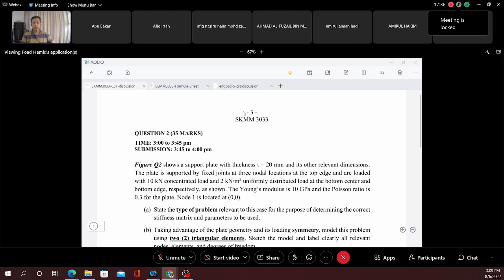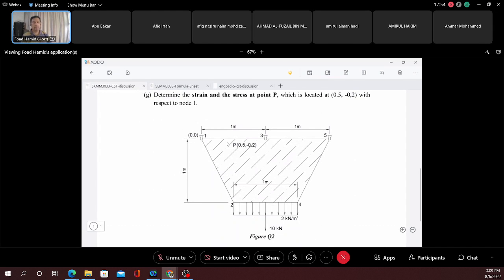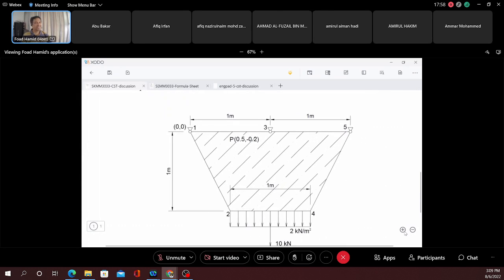Next, let's read the question. State the type of problem relevant to this case for the purpose of determining the correct stiffness matrix and parameters to be used. If you take a look at this figure, this is our first 2D element.